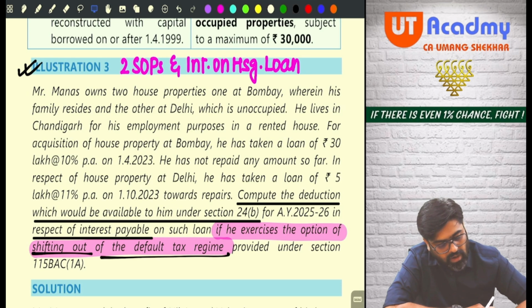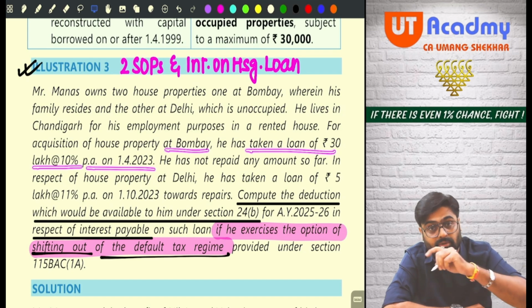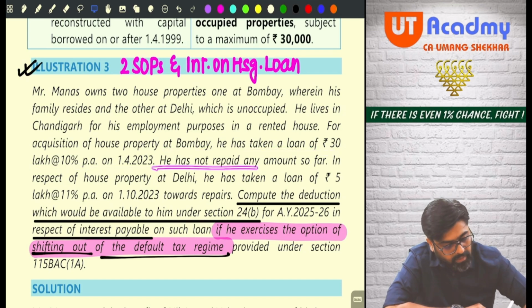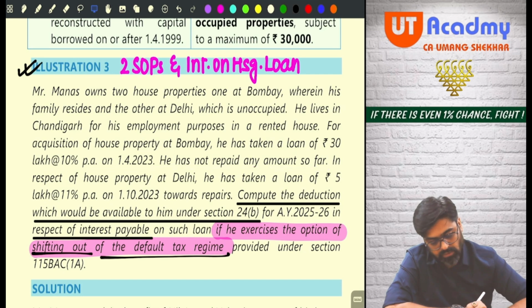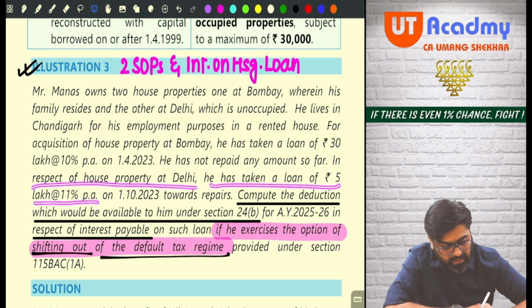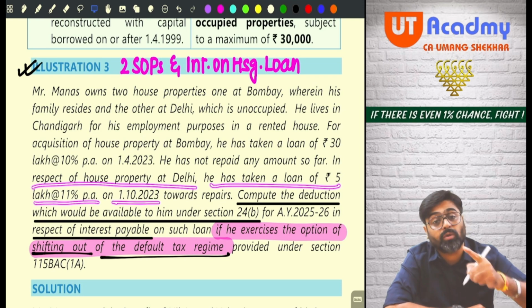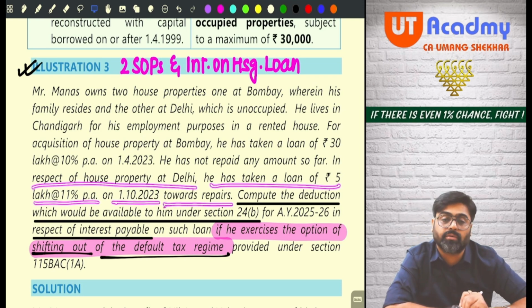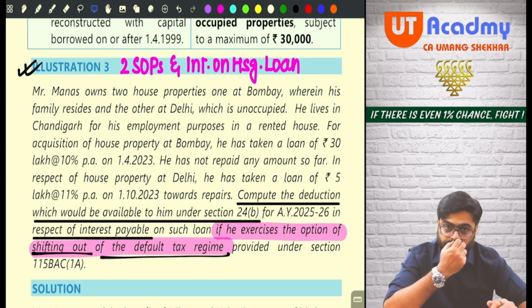For acquisition of the house property at Bombay, he took a loan of rupees 30 lakh at 10% per annum on 1st April 2023. He has not repaid any amount so far. In respect of the house property at Delhi, he has taken a loan of rupees 5 lakh at 11% per annum on 1st October 2023 towards repairs. Very simple.